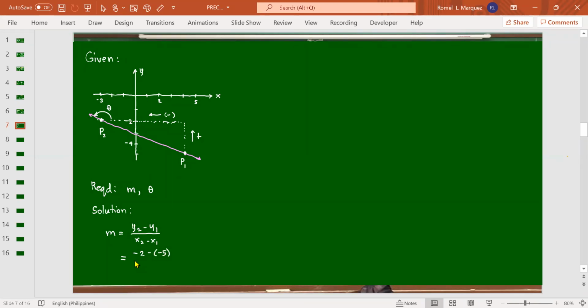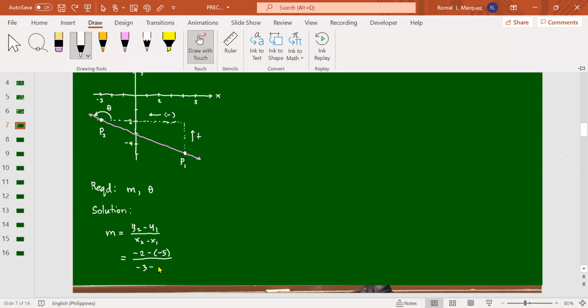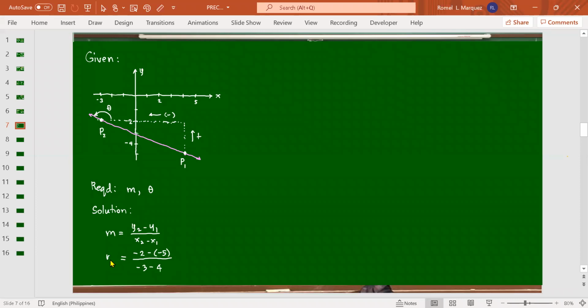All over x sub 2, negative 3. X sub 1, 4. Right? So am I right, guys? What is m? Negative 3/7. So this is our slope.